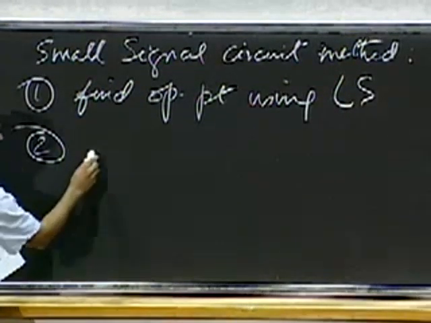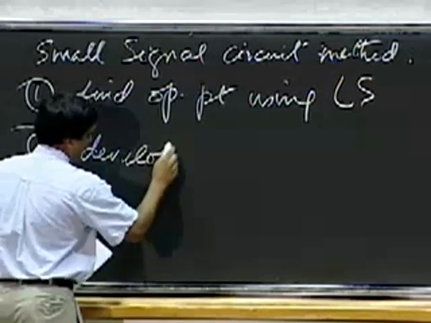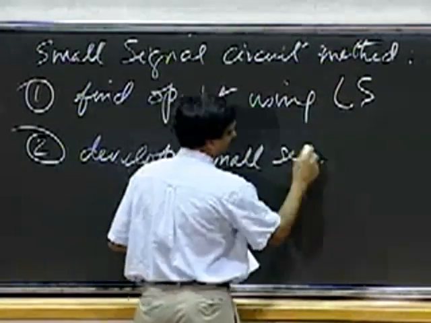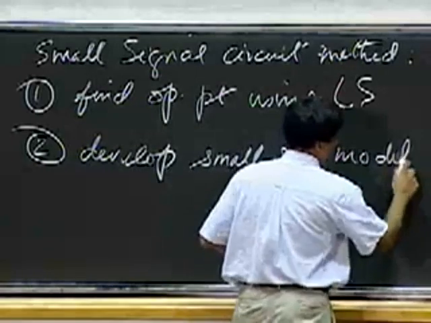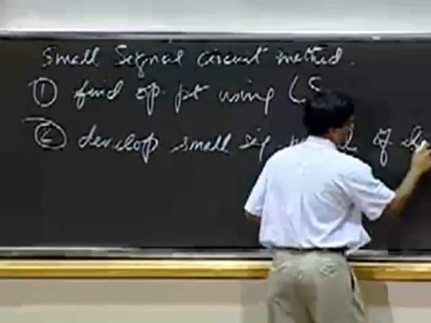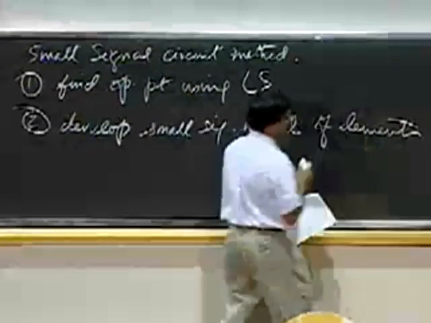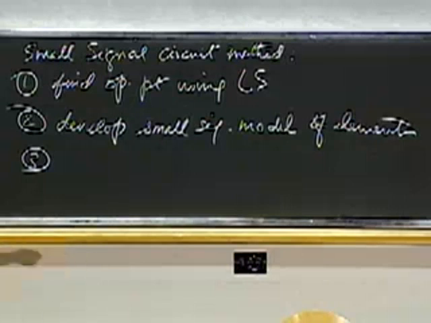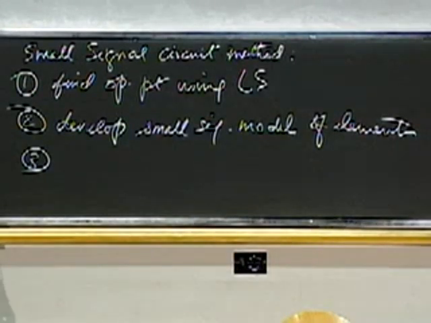The second step is to develop small signal models: take each of the elements in your circuit and find their equivalent small signal circuit model for each of the elements.